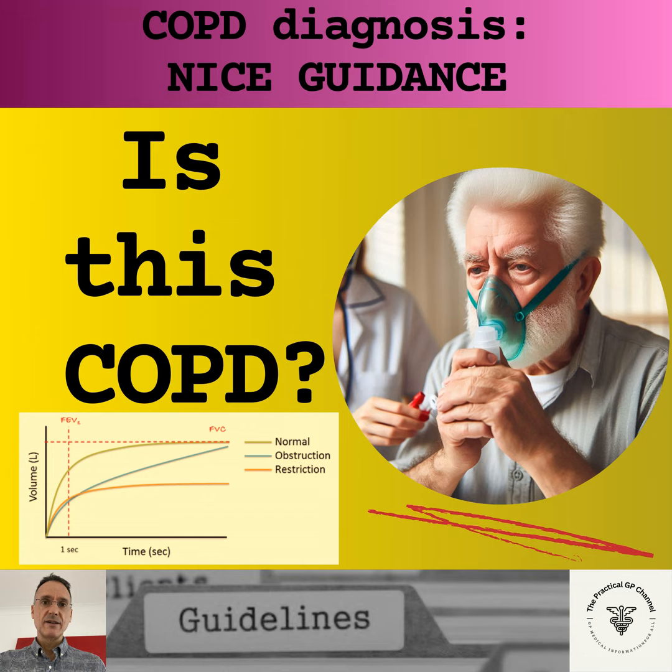Both FEV1 and FVC values are compared to predicted values based on sex, age, and height. So taking this into account, the normal reference ranges are FEV1 greater than 80% of predicted, FVC more than 80% of predicted, and FEV1-FVC ratio greater than 0.7 or 70%.